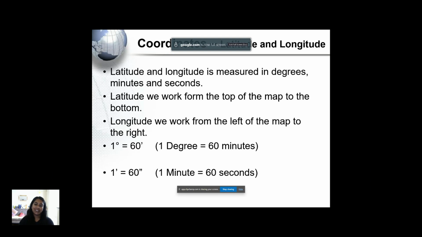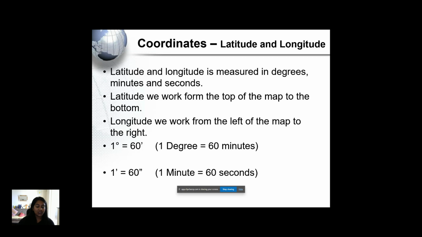So we are talking about coordinates, latitude and longitude, just some basic stuff that you already know. Latitude and longitude is measured in degrees, minutes, and seconds. When we look at latitude, we work from the top of the map to the bottom. Remember, latitude rhymes with flatitude, so we look at the numbers from the top of the map to the bottom.